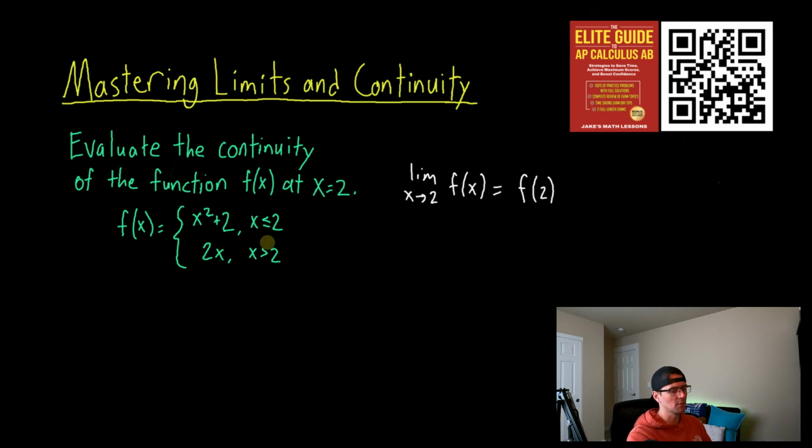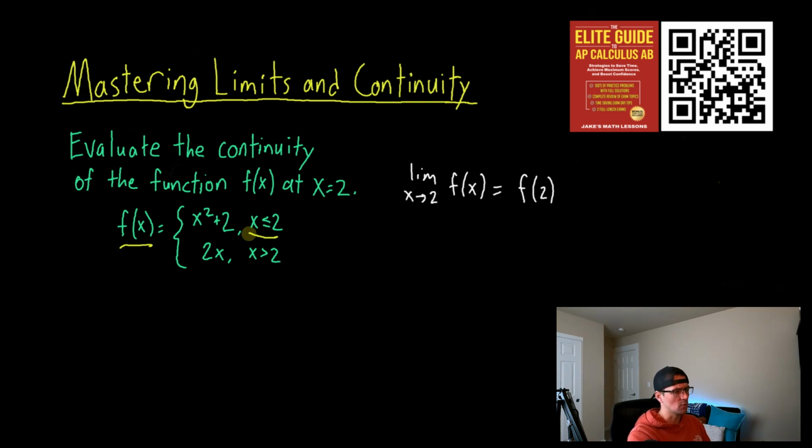So let's think about what that would give us in this case. First of all, f of 2 is usually going to be a little bit easier to find, so I'll start there. In order to evaluate this function f of x at x equals 2, it's a piecewise function, so we need to first figure out which piece we're going to be using.